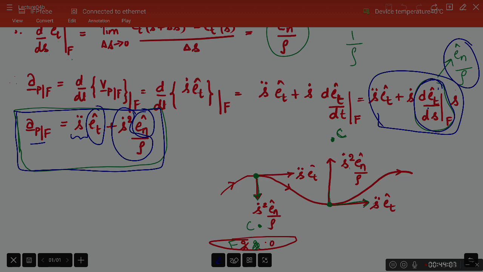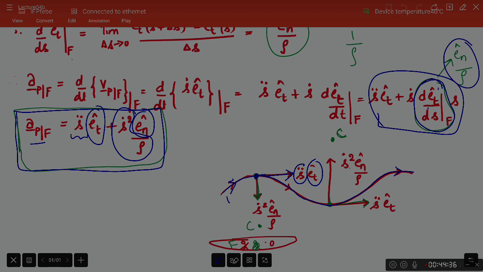Here, for illustration, I have considered a trajectory which is something like this. If the particle is at this location, then the particle must be having an acceleration component along Et. This is the direction of Et. The particle is moving from left to right.